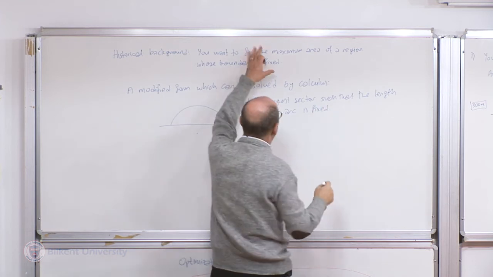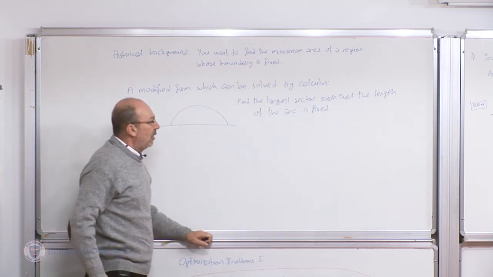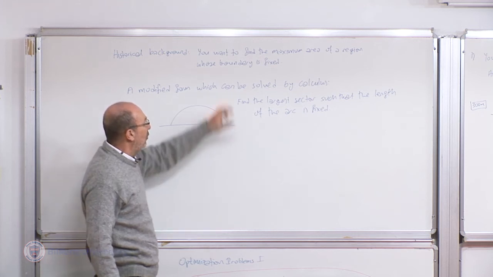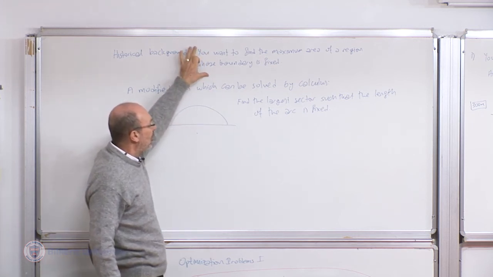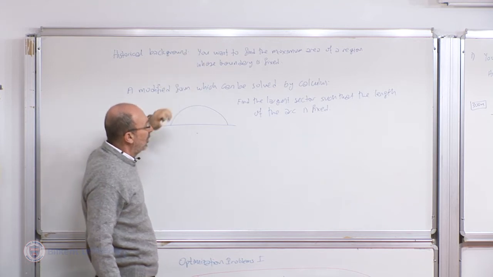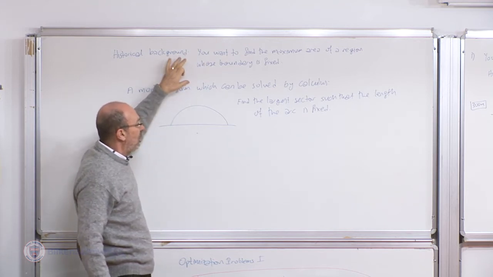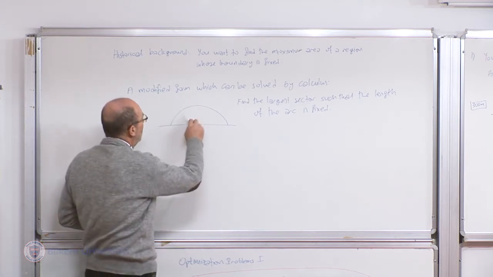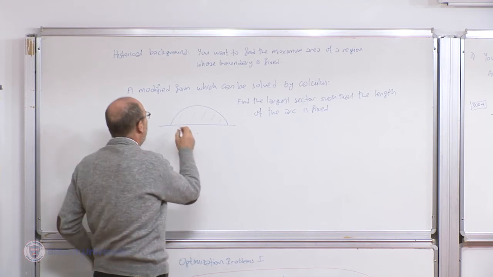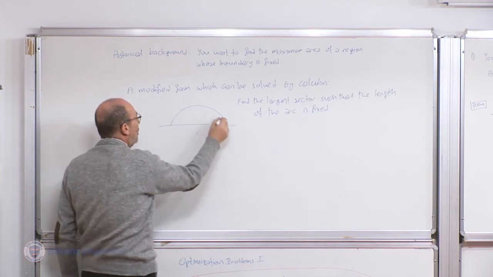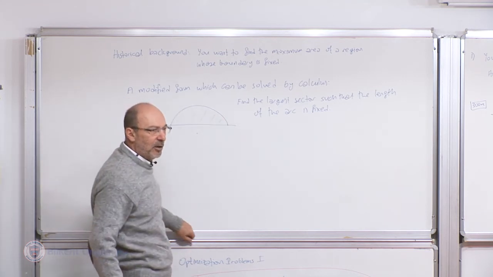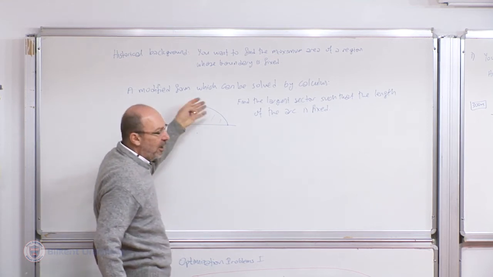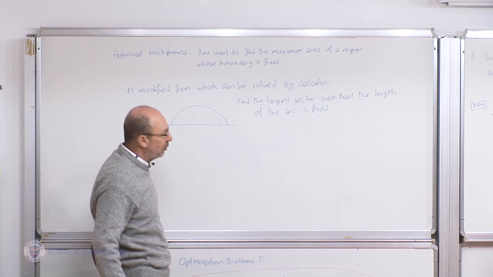Okay, so we remove a lot of problems from this statement, a lot of indeterminate parts which require definition. Here we define the region. The region will be this circular region, this sector, and we want this length from here to here, which is now well defined, to be a fixed number. So what should be the dimensions of this circular arc?